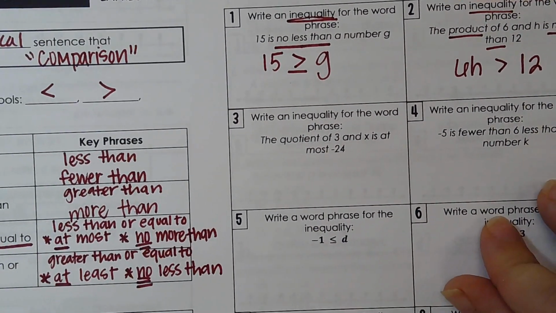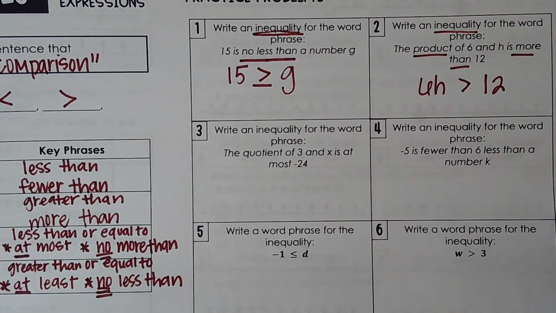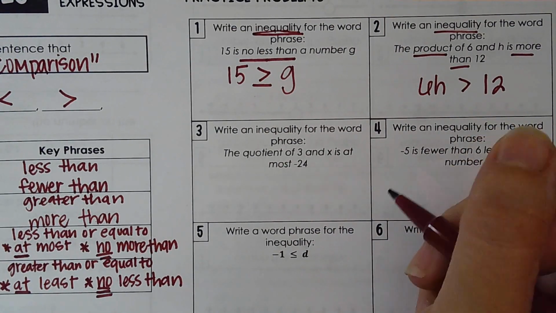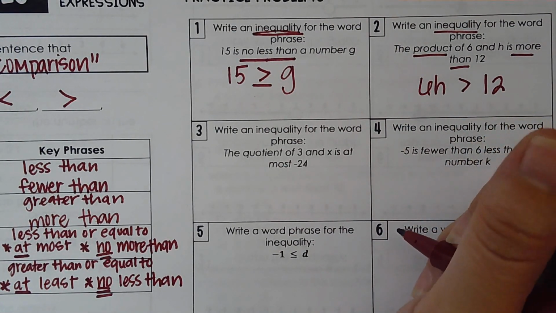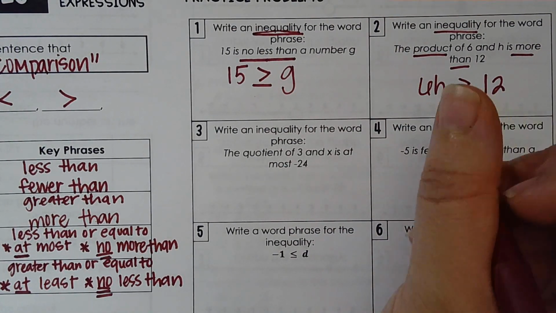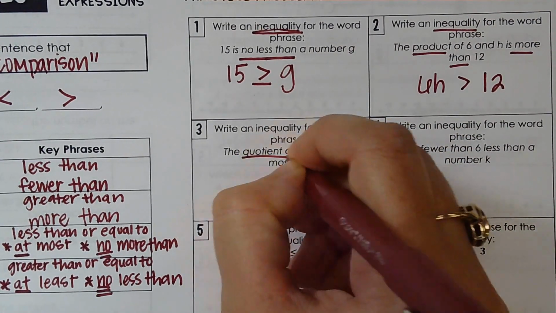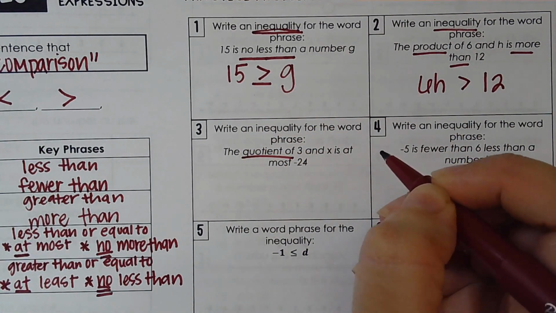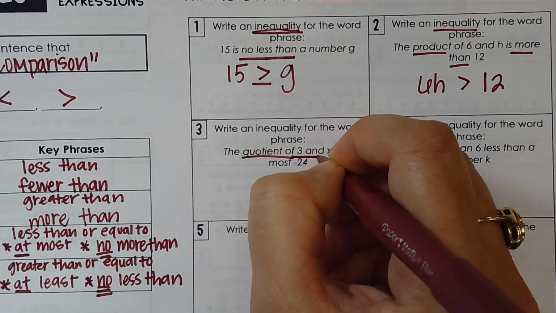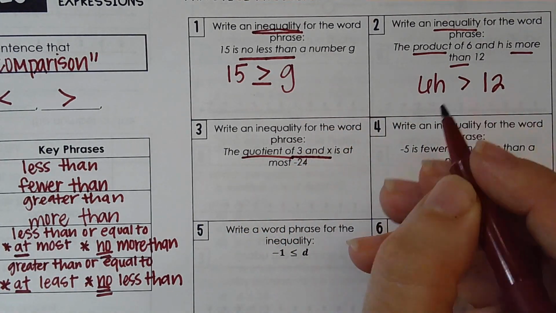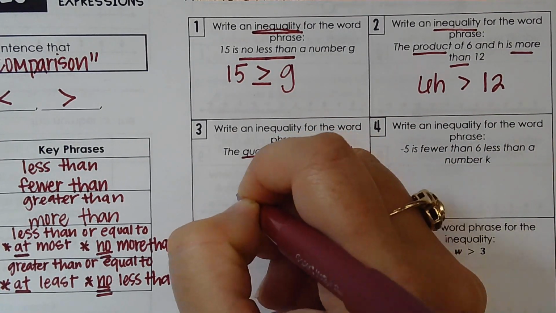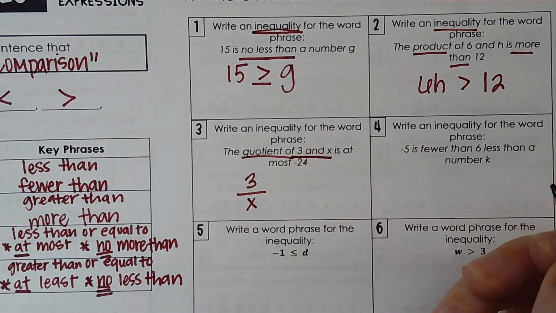All right, moving on to number 3. Write an inequality for the word phrase. The quotient of 3 and x is at most negative 24. So quotient, obviously, I'm dividing. And it's dividing 3 and x. So 3 divided by x.